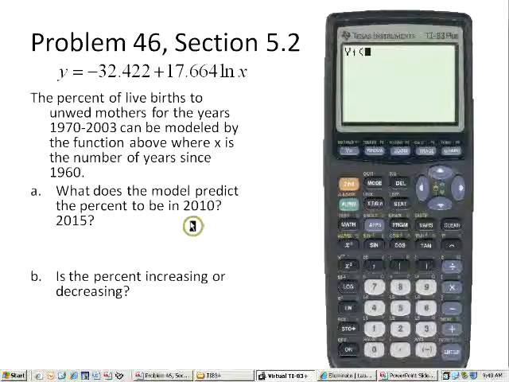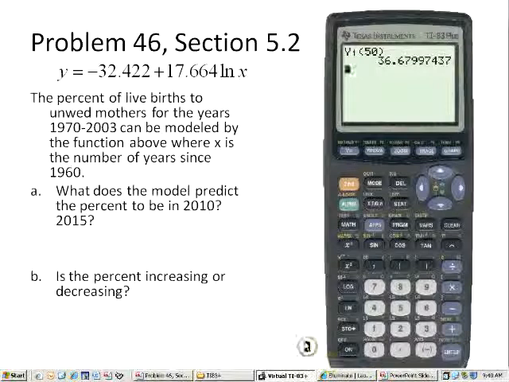For the year 2010, our x value needs to be the years since 1960. Well, 2010 minus 1960 is 50. So our x value needs to be 50. When we press enter, we get an answer of 36.678 if we're going to keep 3 decimal places.